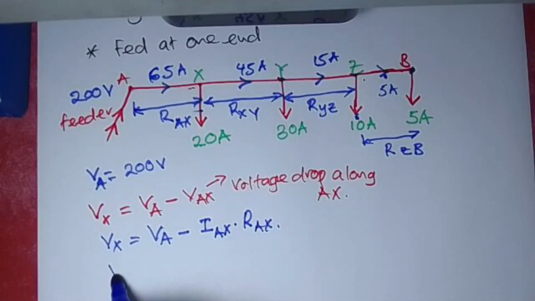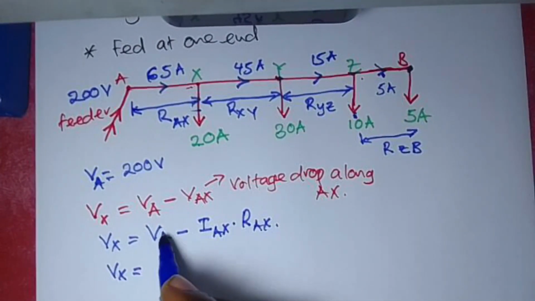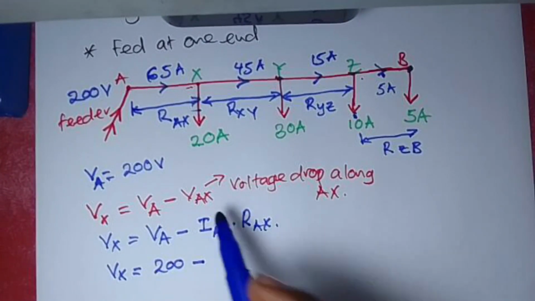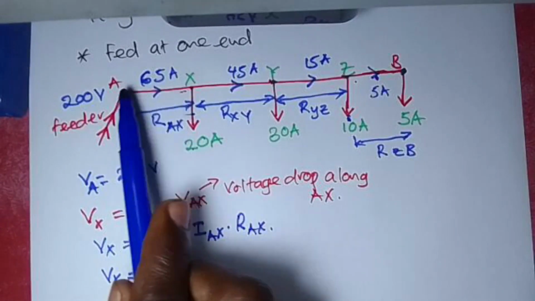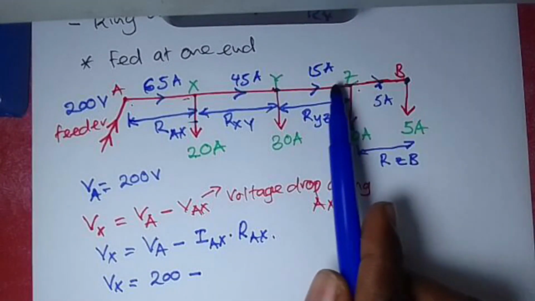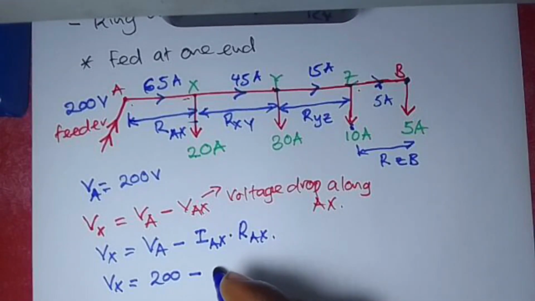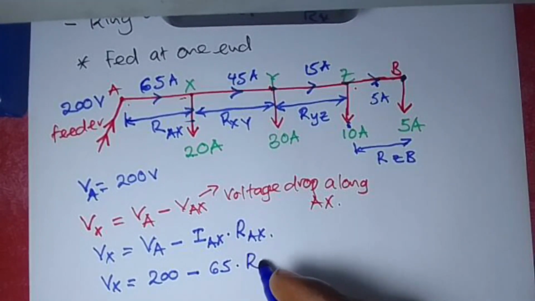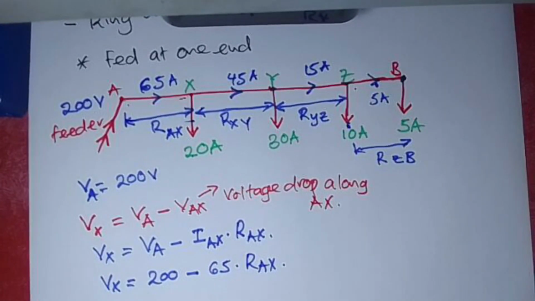So similarly, you can get the voltage at point X to be equal to, now our VA was 200 volts, minus our IAX. Now our IAX is this current here, which we had calculated by working backwards. So it will be 65 times the resistance RAX as it is given.